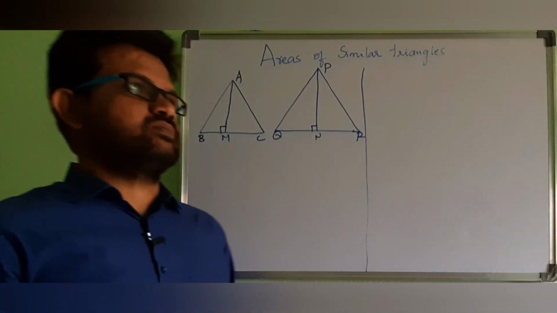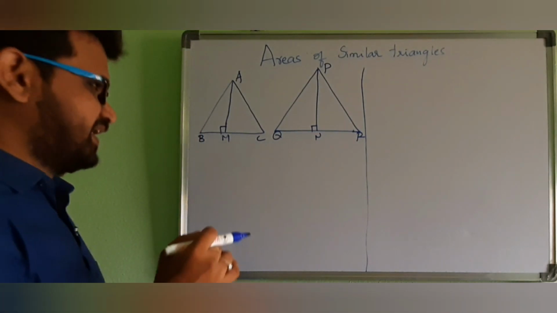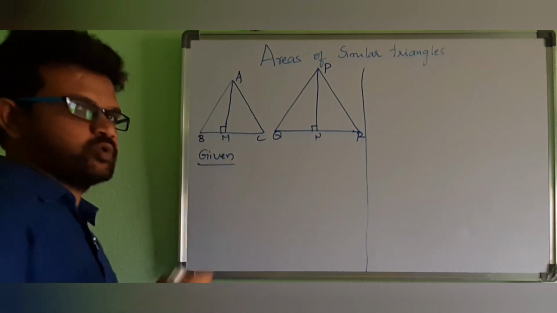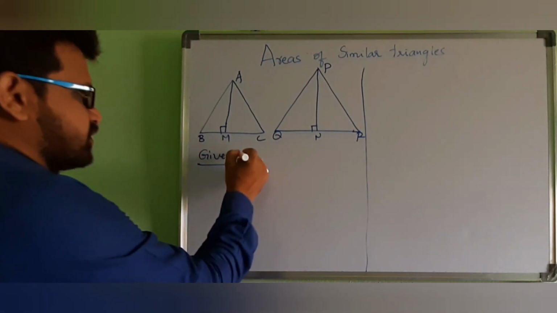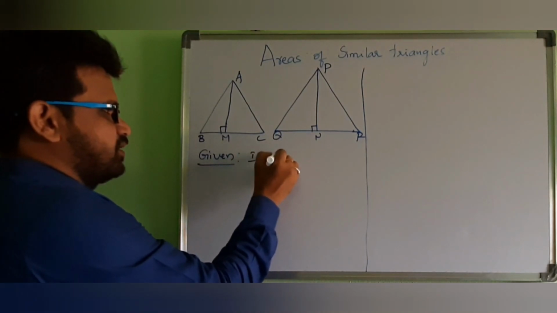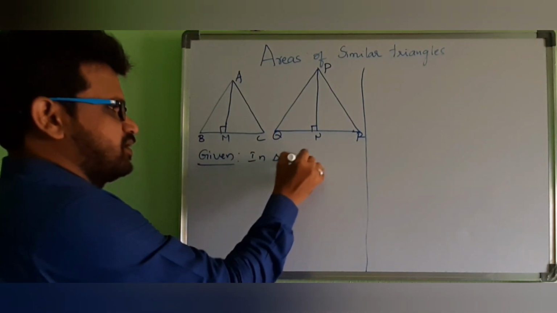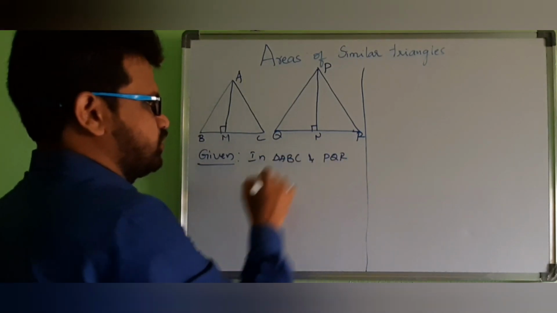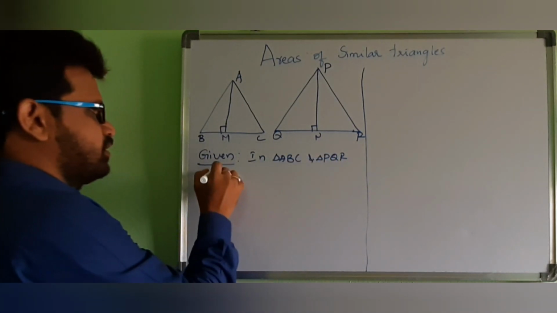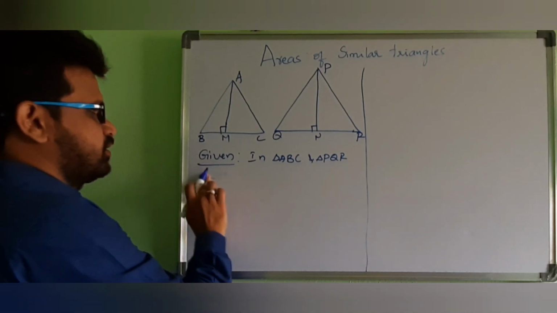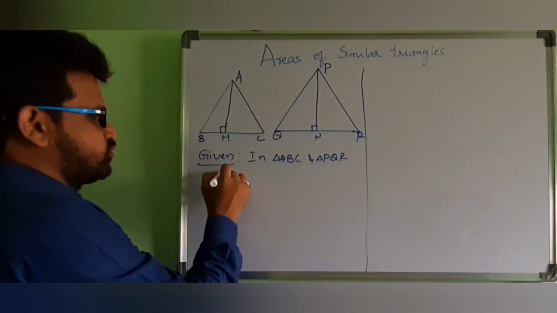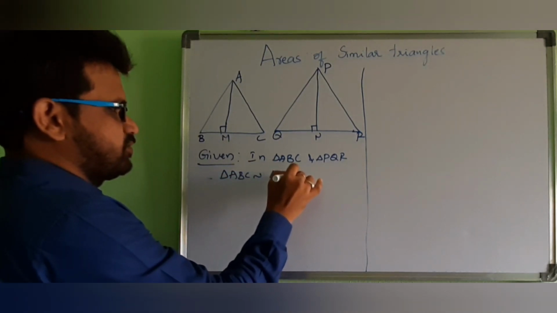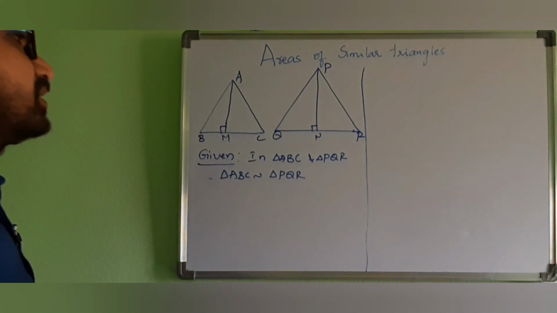To prove any theorem, I said already, first you have to write the given data. So what is given? Given that in triangle ABC and triangle PQR, these two triangles are similar, means triangle ABC is similar to triangle PQR.